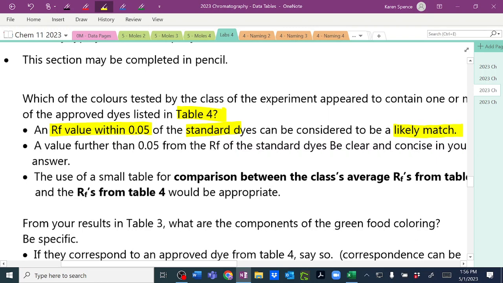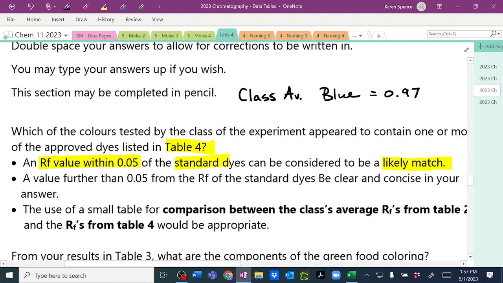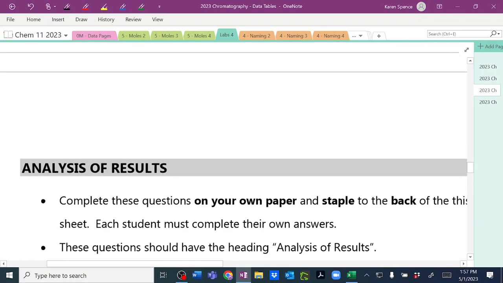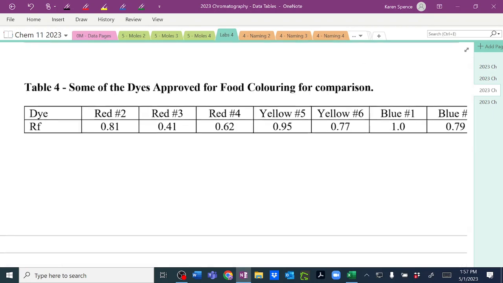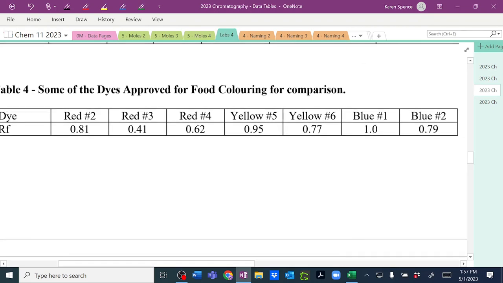So as long as you're within 0.05, so let's say that the class average for blue was 0.97. Let's just say the RF was 0.97. Would that match any of the dyes here within 0.05?